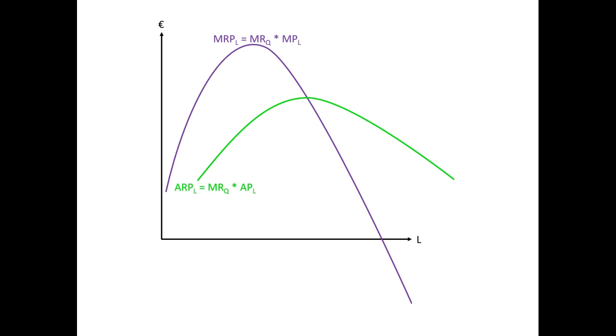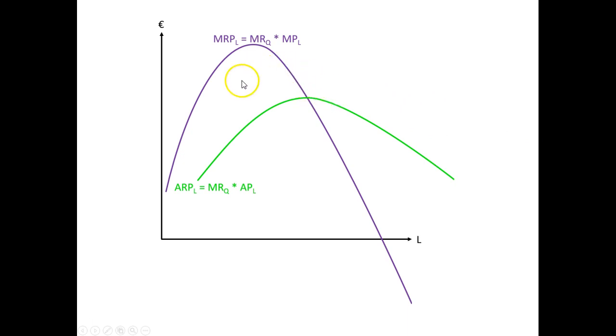And when we look at the marginal and the average, we know from the mathematical part that to get an average to increase, you have to add the marginal value that is higher than the average. And to get an average to decrease, you have to add the marginal value that is less than the average.